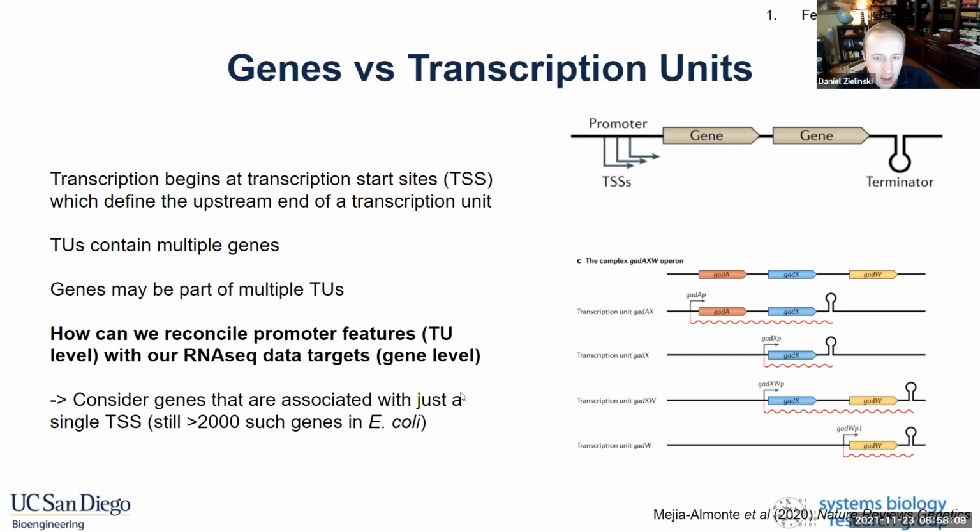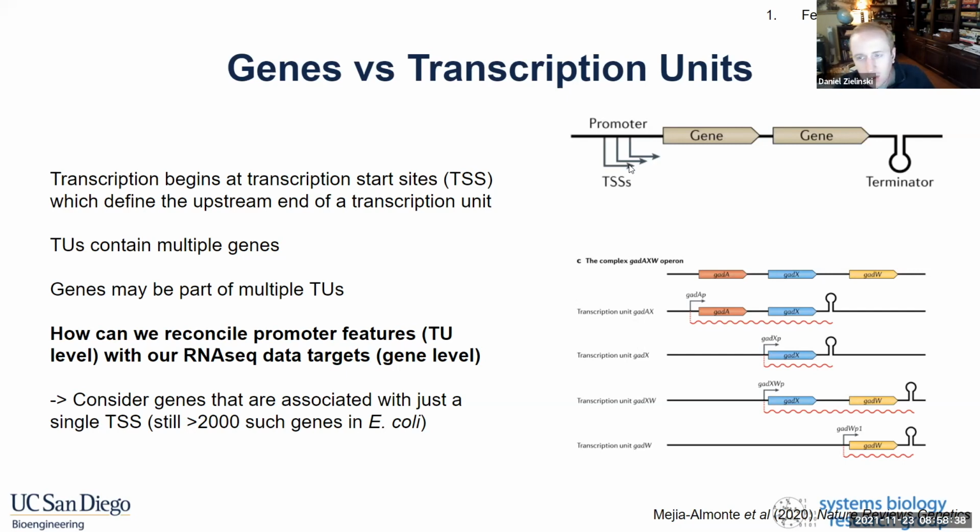So for this first iteration, we're just looking at genes that are associated with only a single TSS, so that we don't have to worry about multiple promoter reference points. What is a -10 box with respect to? Is it with respect to one? Each? If you have an expression value for this gene, how do you associate it with one of those transcription start sites in particular?